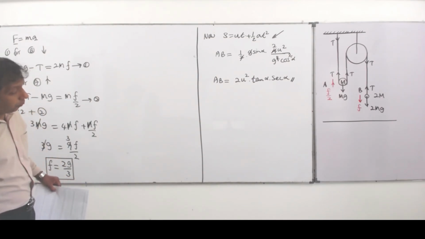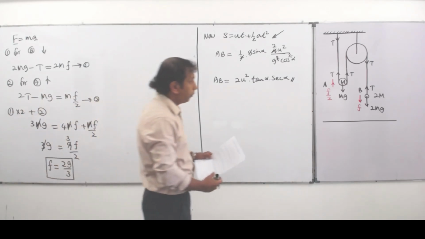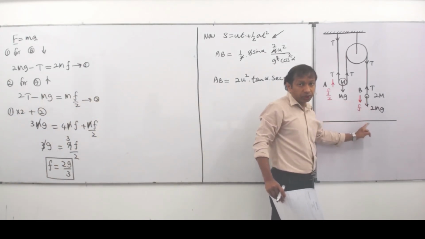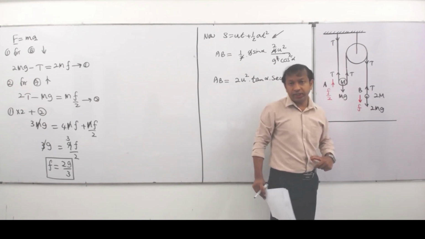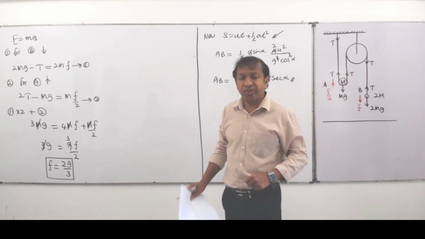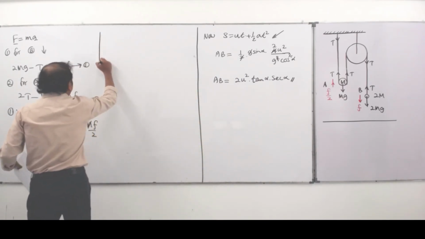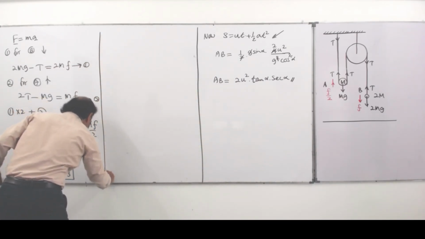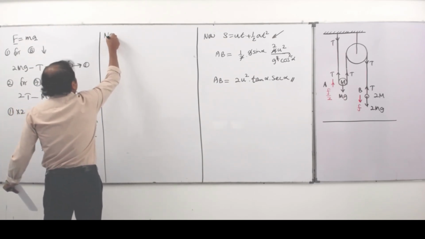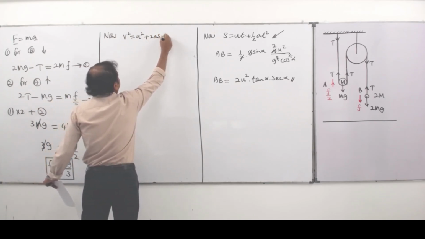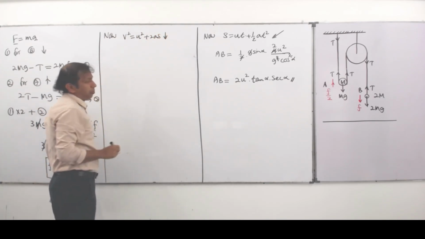Right. Now, people, we will find the velocity of the particle P when it comes to the ground. Okay. Initially it starts from rest. No, the system is released from rest. So now we can find its velocity by applying the equation of motion. Right. Now v squared equals u squared plus 2as, we can apply downward.